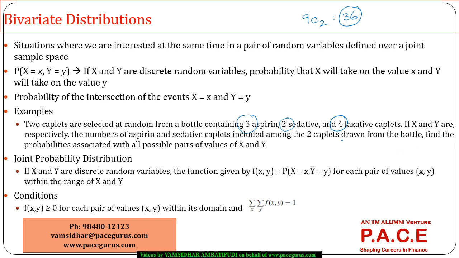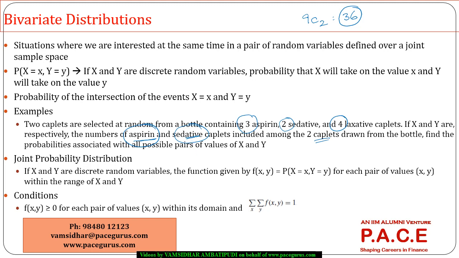If X and Y are respectively the number of aspirin and sedative caplets included among the 2 caplets drawn from the bottle, so we are talking of X and Y as random variables, number of aspirins that I am drawing, number of sedatives that I am drawing among the 2 caplets drawn from the bottle. Find the probabilities associated with all possible pairs of values.